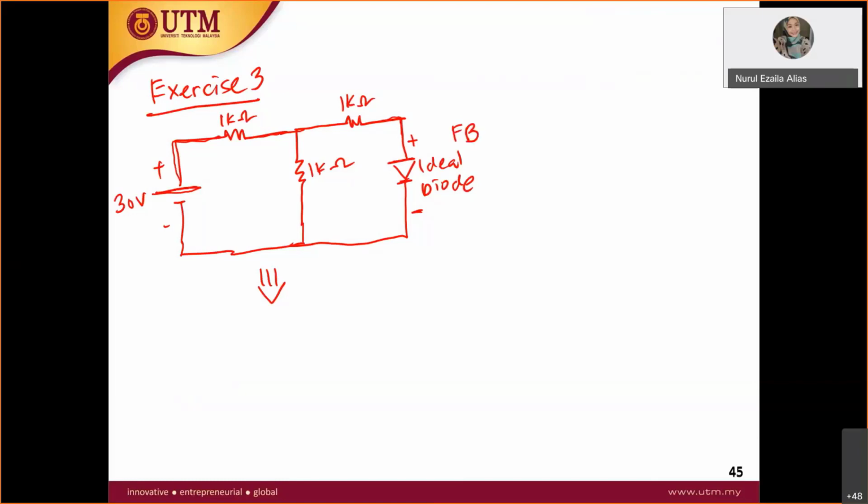Forward bias. So now let's draw the equivalent circuit. You have here 30 volt, plus minus, and then 1K, 1K, and also 1K.